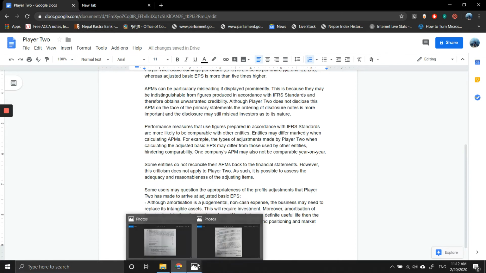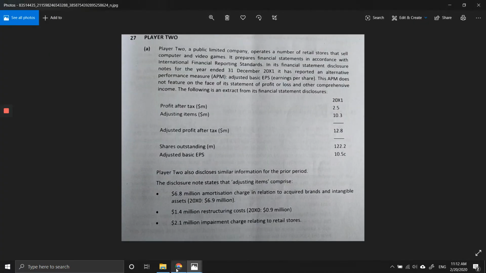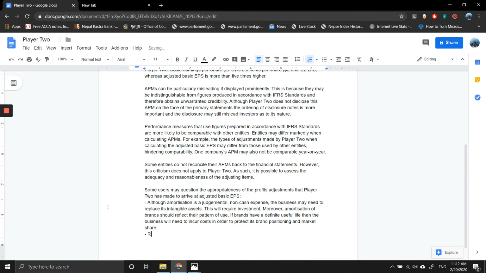What else should we talk about? The next thing is restructuring cost. Restructuring costs are incurred in both the current and prior period, so they are not one-off costs.